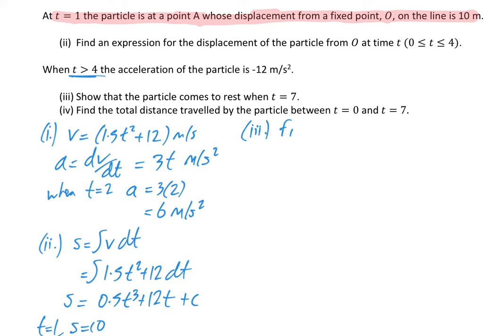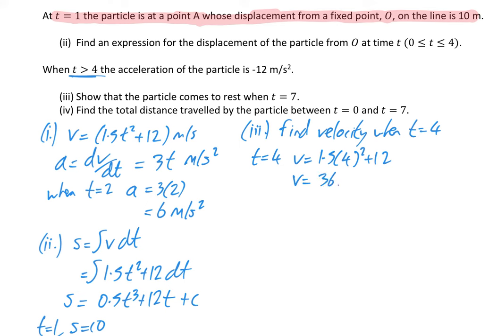So we'll just say find, we'll use a proper word, the velocity, when t is equal to 4. So t is equal to 4, your velocity is going to be equal to 1.5 times 4 squared, and then plus 12. And then that becomes that your velocity is equal to, and that's just going to be 24 plus 12, that's going to be 36 meters per second.